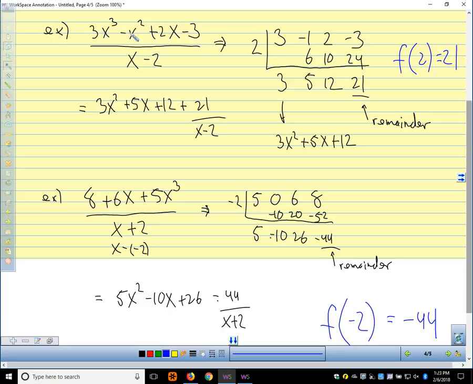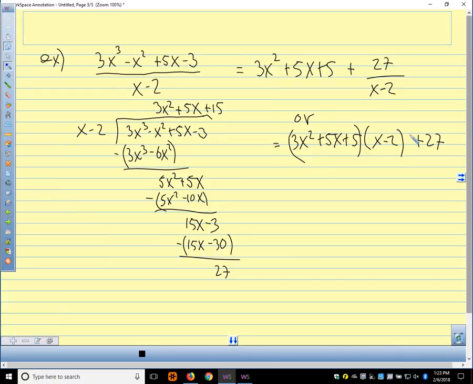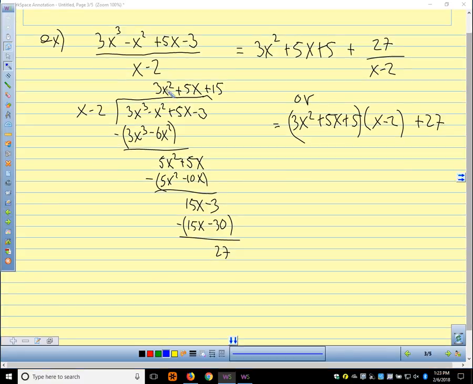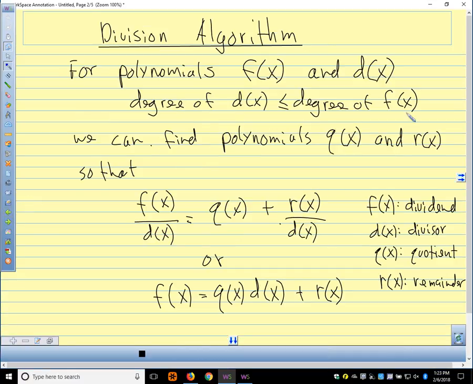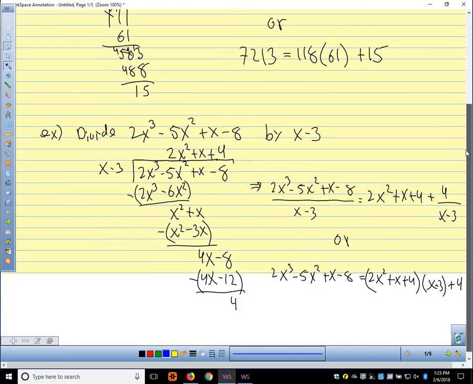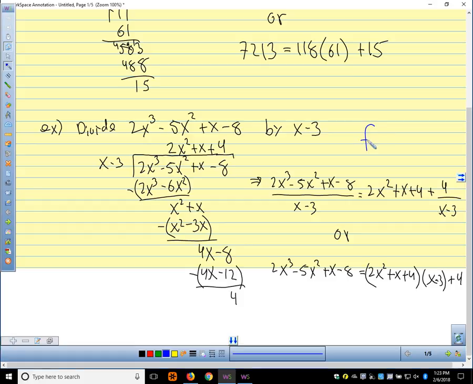If I plugged in 2 into this polynomial and calculated, I would get 21. The remainder theorem tells us for this polynomial that f of 2 is 27. For this polynomial, f of 3 is 4.